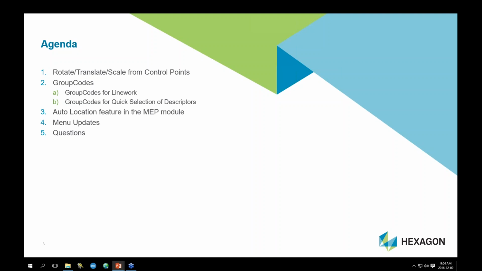I'll show you an example of using group codes for line work, and another example using group codes for quick selection of descriptors. Then we'll talk about a new feature named auto location, which is a feature that will be unlocked for anyone who has a premium license of FieldGenius. In the end, Jacob will talk a little bit about menu updates, and in the end, we'll leave the mic open for questions.